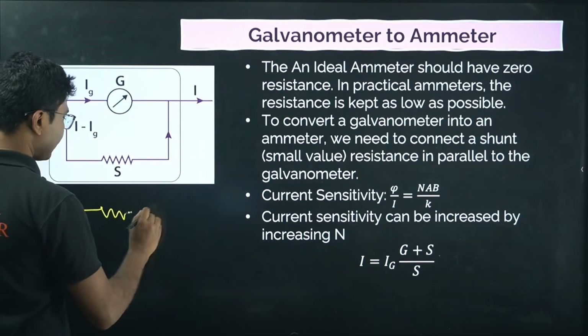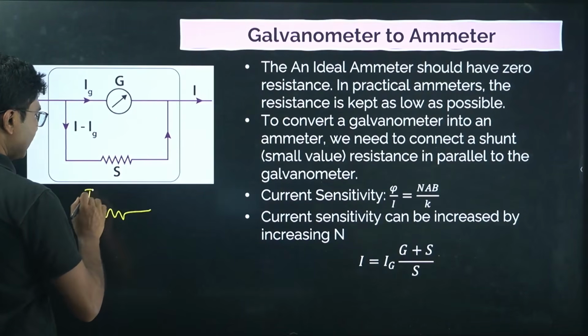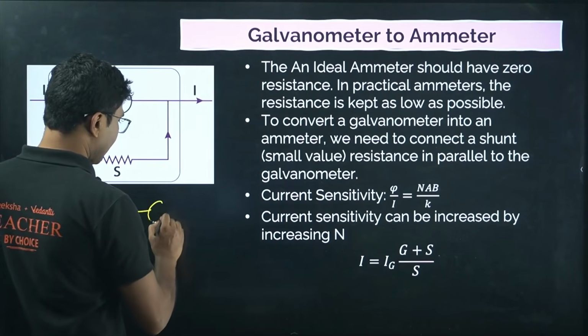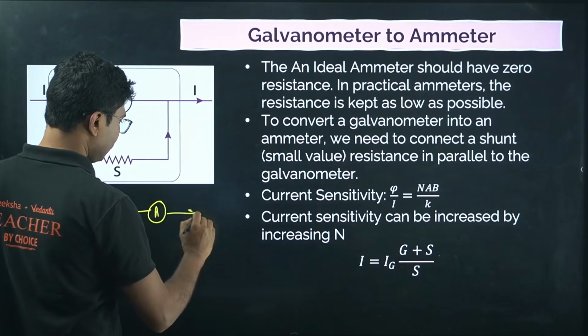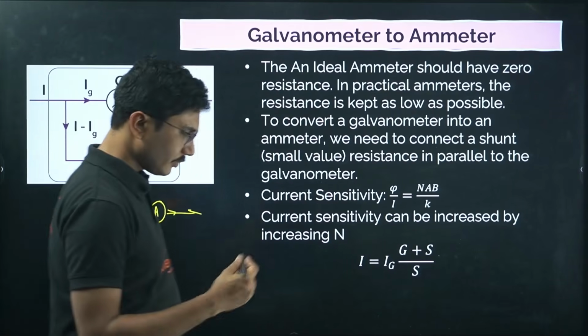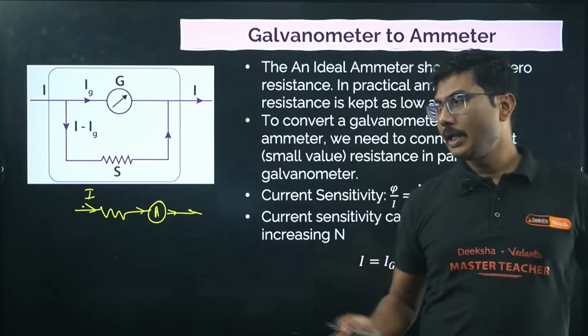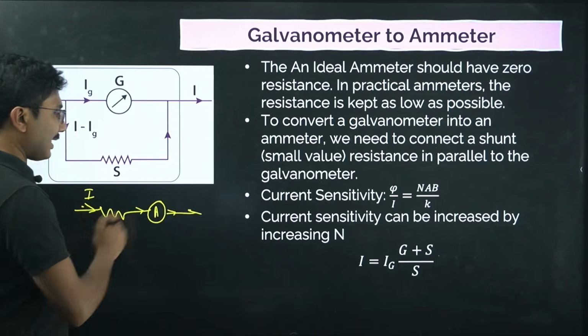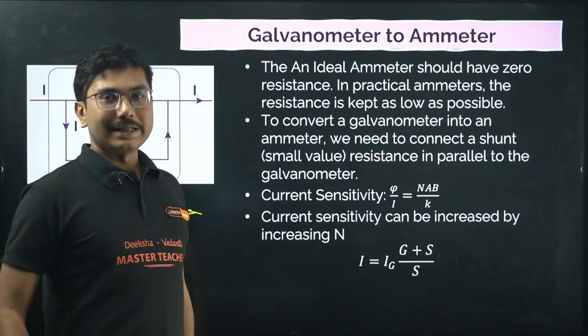Suppose this is the resistance, and the resistance is carrying some current. Where do you connect the ammeter? The ammeter has to be connected in series, so that the same current passes through it as well. Because we know in a series combination current remains the same, so the ammeter has to be connected in series so that it can measure the current.